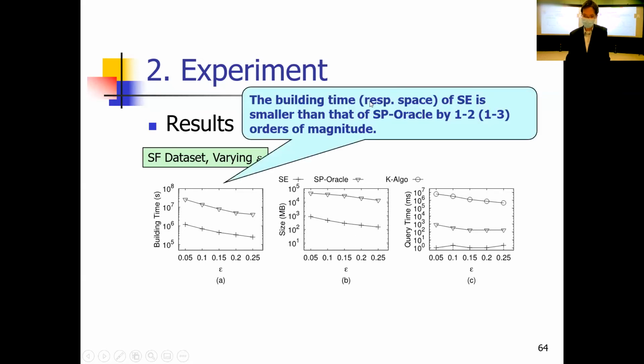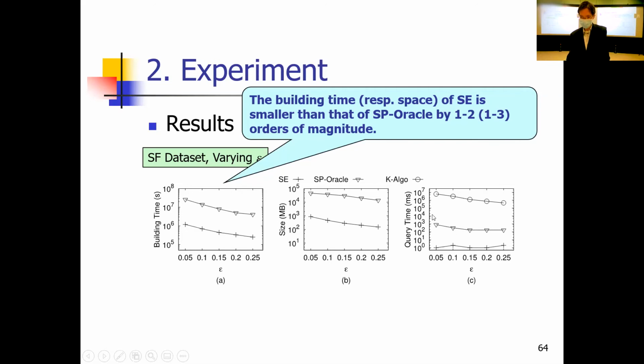Let me conclude. The building time and also the space consumption of our data structure are smaller than SP Oracle, the existing data structure, by 1 to 2 orders of magnitude. And also the space of SE is smaller than SP Oracle by 1 to 3 orders of magnitude in this figure.